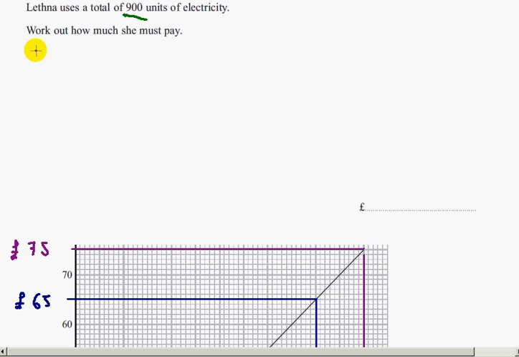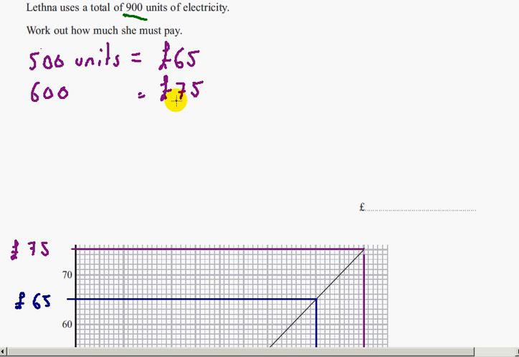So let's do 500 first of all. So 500 units cost her £65. 600 cost her £75. So it keeps going up by £10.